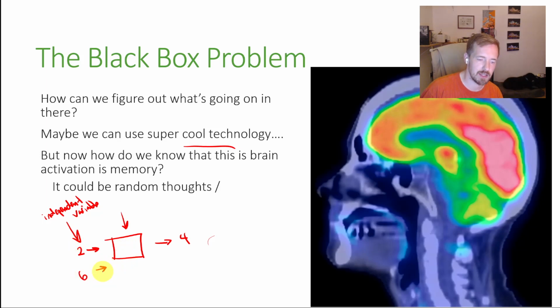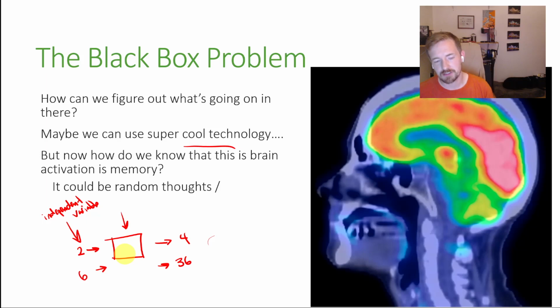And so if that's the case, you put in a 6, and let's say that whenever you put that in, you get a 36 out of the box. Ooh, so it looks like it's not just adding 2, that there's something else going on, right?